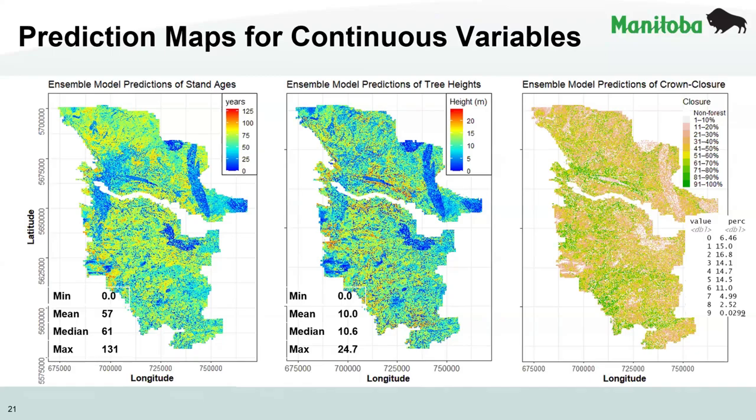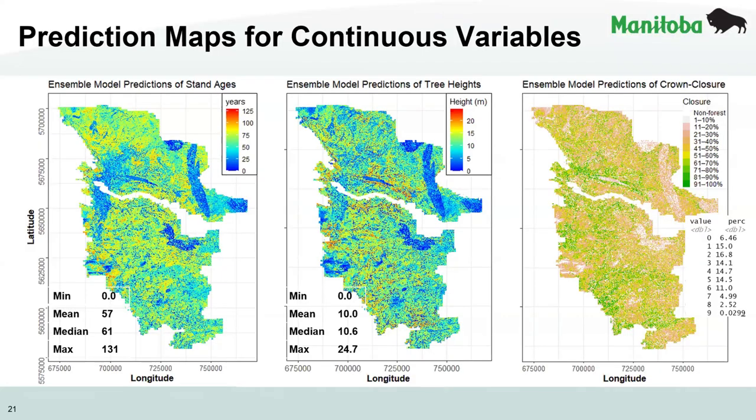For age, the predictions ranged from a minimum of 0 to a maximum of 131, and for height, from 0 to 25 meters.